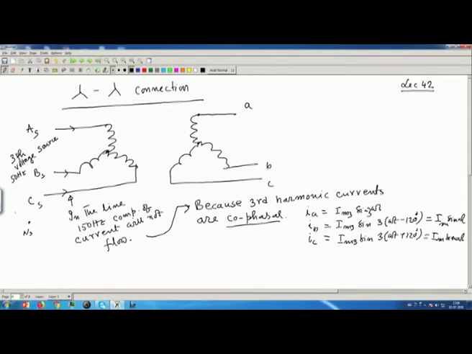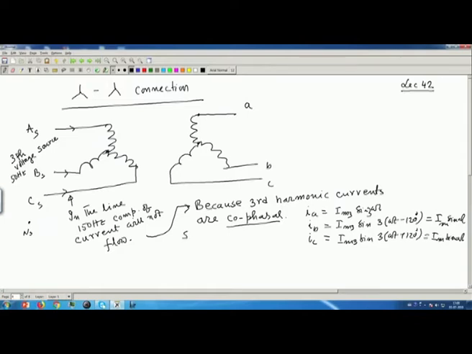Therefore, in the lines I am sure about one thing, if no neutral etcetera is connected to the system here, about this fact no one can contest. In these lines only the 50 hertz component of current will flow, no third harmonic business.